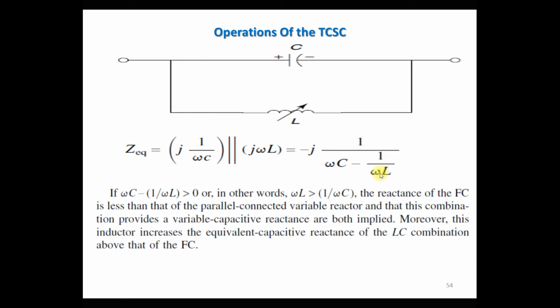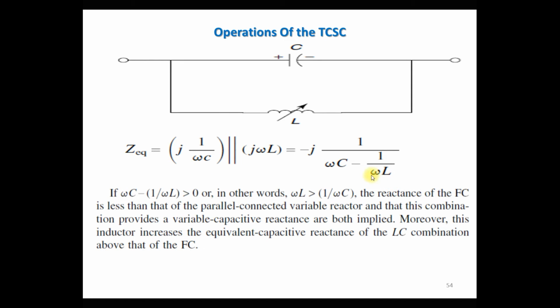The inductive reactance of the inductor increases, 1/ωL decreases. So as this part decreases, it means that the denominator will increase. So ωC - 1/ωL will increase. So the overall equivalent impedance will decrease. So it means that your total capacitive impedance will reduce.